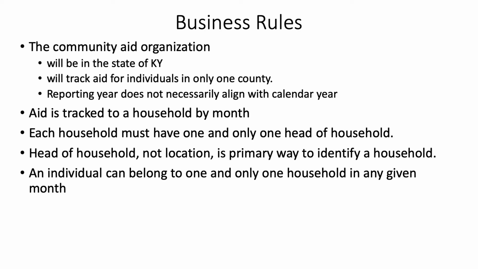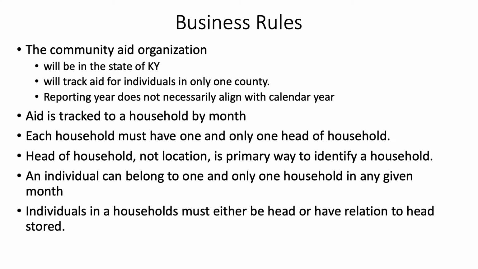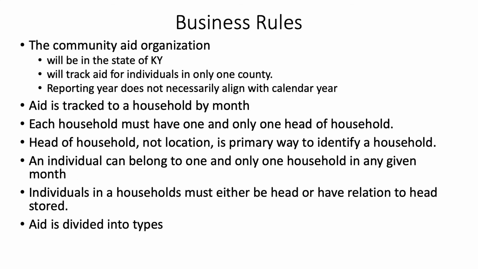An individual can belong to one and only one household in any given month. So we need an organization that will let us enforce that. An individual in a household must either be the head of the household or be related to the head of household. The aid is divided into types.